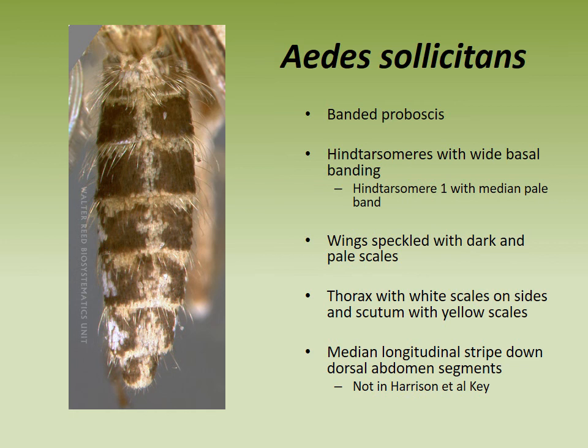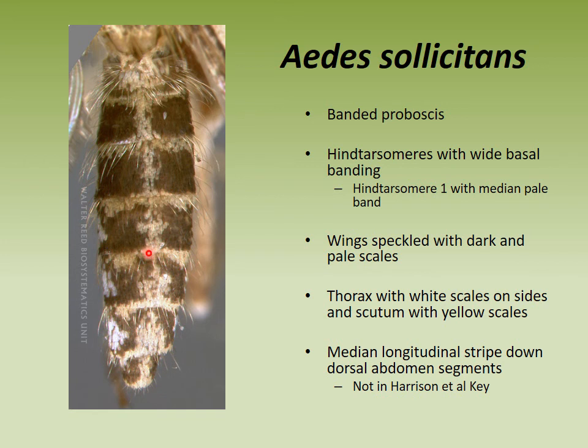And you might not find this in the key when you're using a dichotomous key, but this is used to differentiate between some other species, but you can see this longitudinal stripe going down the abdomen.